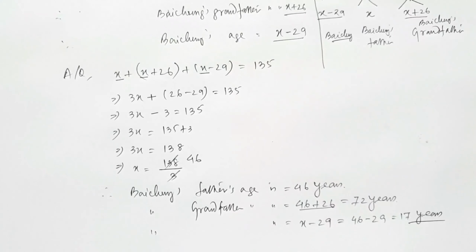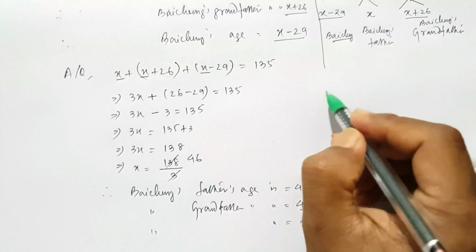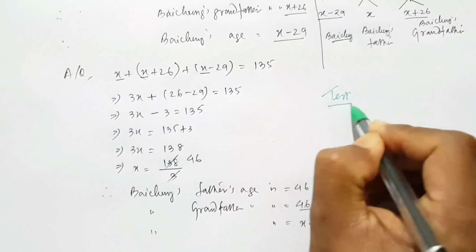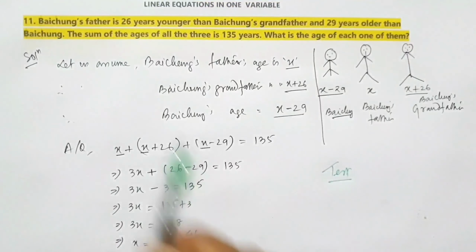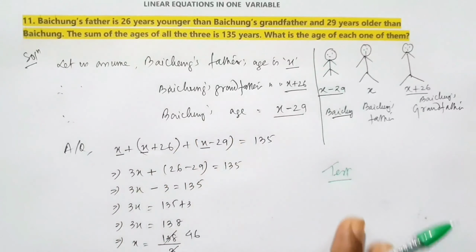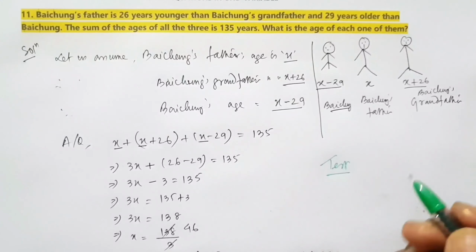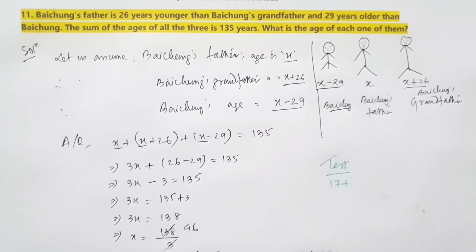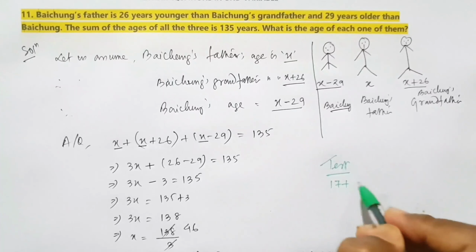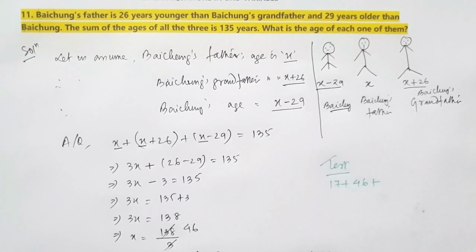Now we'll go for the test. If you read the question once again, they said the sum of all the three ages should become 135 years. So Baichung's age is 17 years, his father's age is 46 years, and grandfather's age is 72 years.